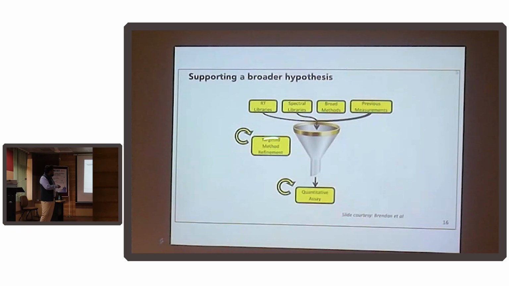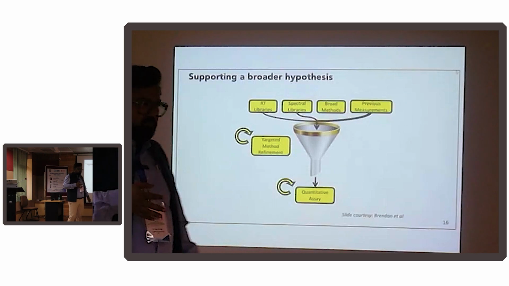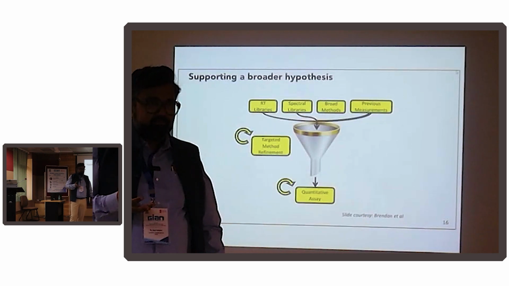This is where you spend most of the time, because you usually start with the discovery data. The spectral library is generated from a discovery data set, where you have run the entire sample, and in this entire sample, for one specific protein you could detect, suppose, 75 peptides, right?